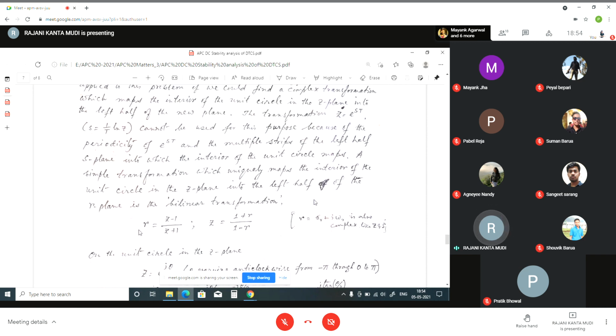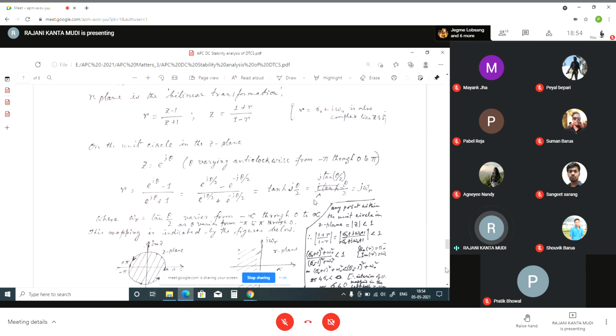Then we can convert the characteristic equation expressed in terms of z to the corresponding equation expressed in terms of r. So z equals, by simplification, (1 plus r)/(1 minus r).